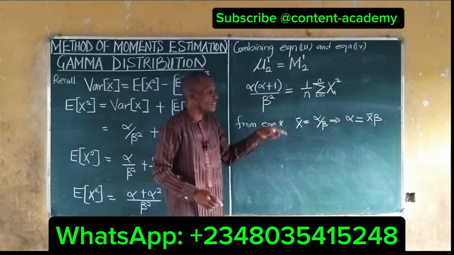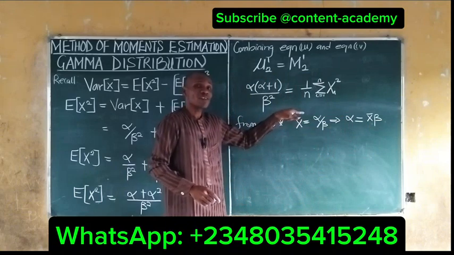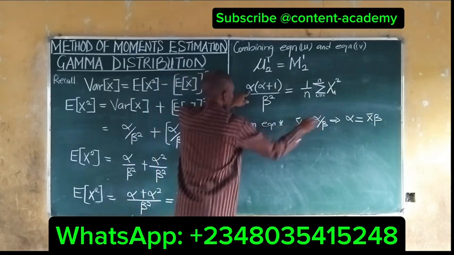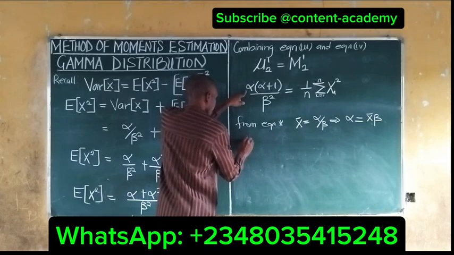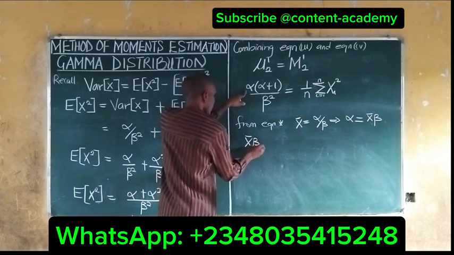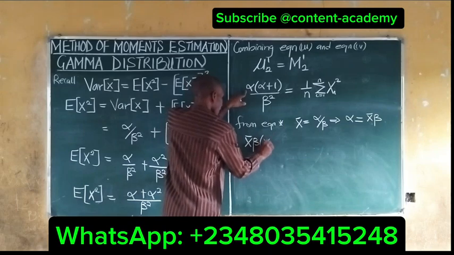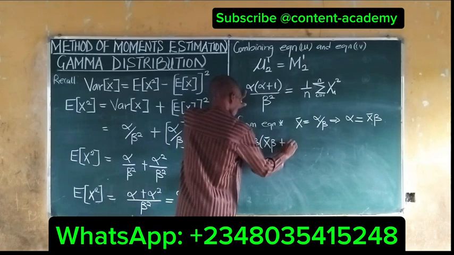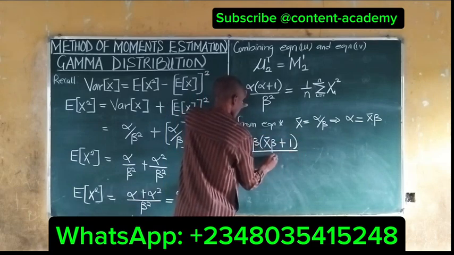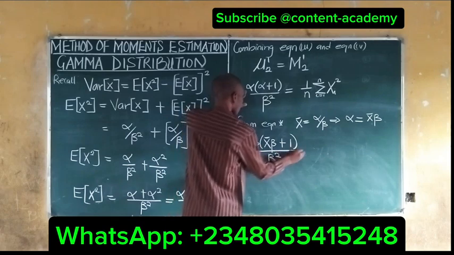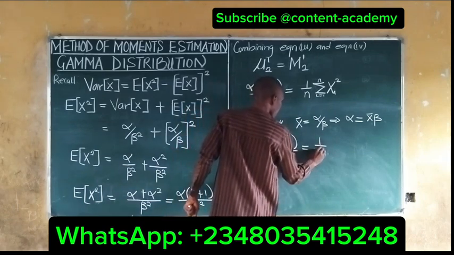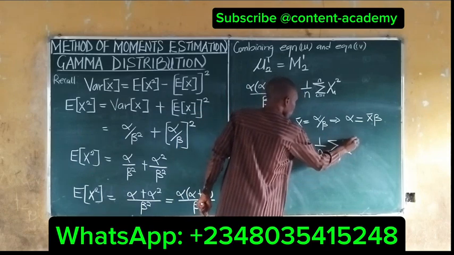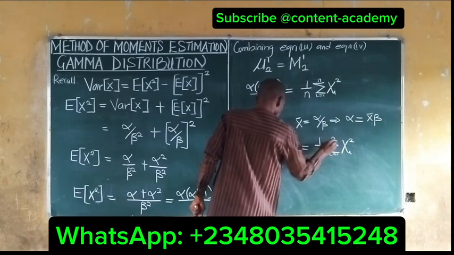Now we are trying to get the estimate for beta. So we'll have x bar beta into x bar beta plus 1 all over beta squared to be equal to 1 all over n summation of xi squared, as i running from 1 to n.